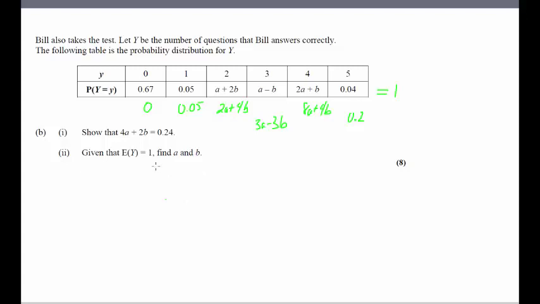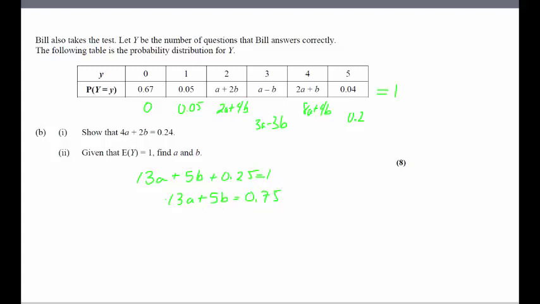And when I do that, I get that 13a plus 5b, I'm doing all this simplified, and here we have plus 0.25 equals 1. So 13a plus 5b equals 0.75.